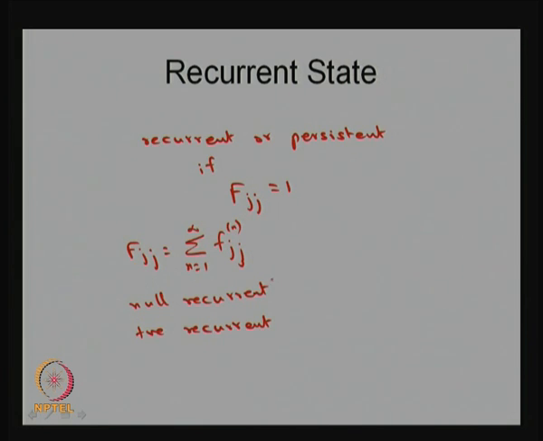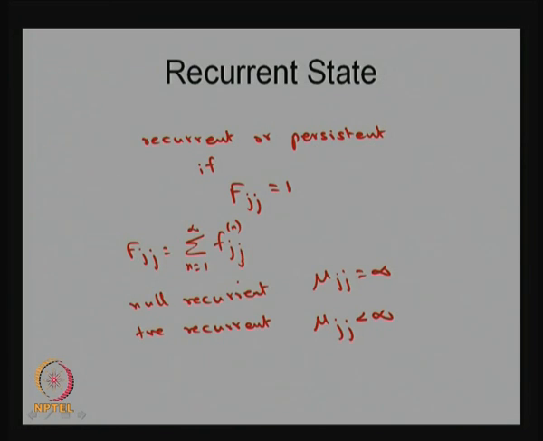Now, based on the first passage time distribution, the mean first passage time, we classify that recurrent state as null recurrent or positive recurrent. Accordingly, if mu j j is a finite value, then we say that recurrent state is the positive recurrent state. If mu suffix j j is an infinite value, that means on average the first passage time is infinite, then that corresponding recurrent state is called a null recurrent state.